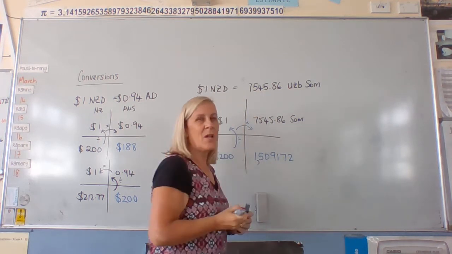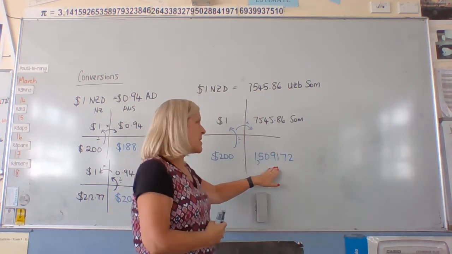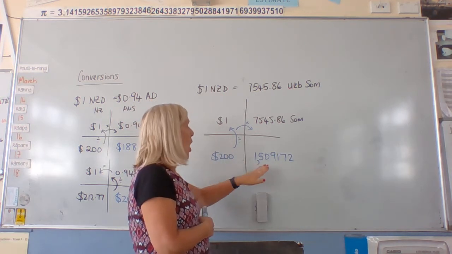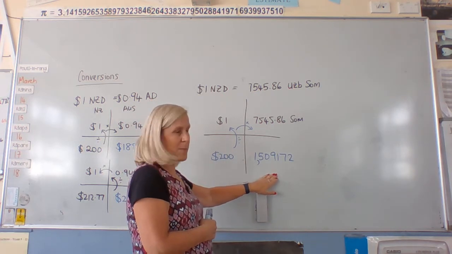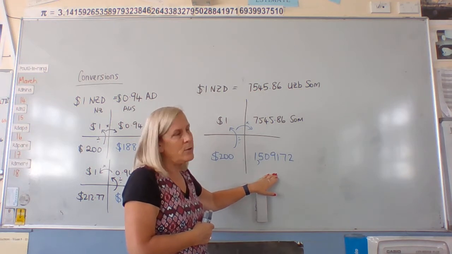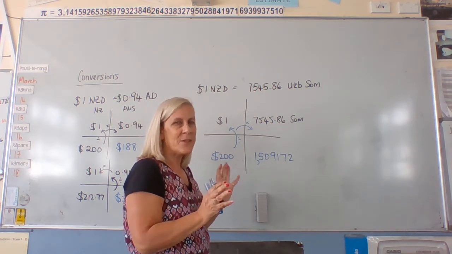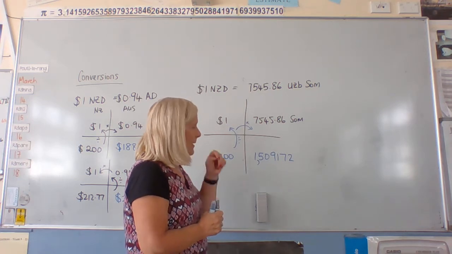Now that might seem like a really good deal, but I imagine that things like a cup of coffee here costs $5. Over there, a cup of coffee is going to cost something like 25,000 som. All right, so it's usually relatively reasonable.